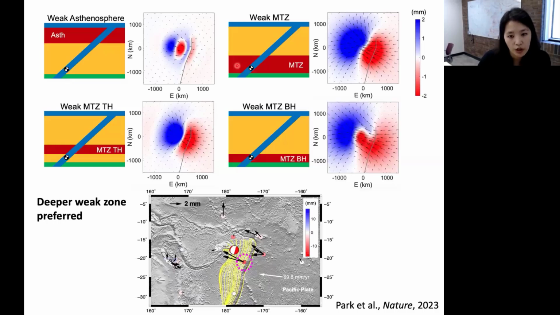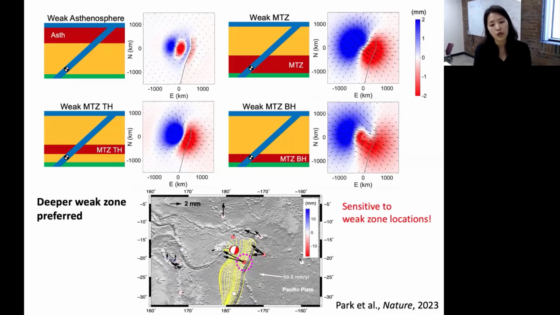And this is the result when the bottom half is weak. You can see that the surface deformation pattern is quite different. You see way more subsidence around the earthquake here compared to the other case. So this means, yes, we are sensitive to weak zone location at this level, which is exciting.